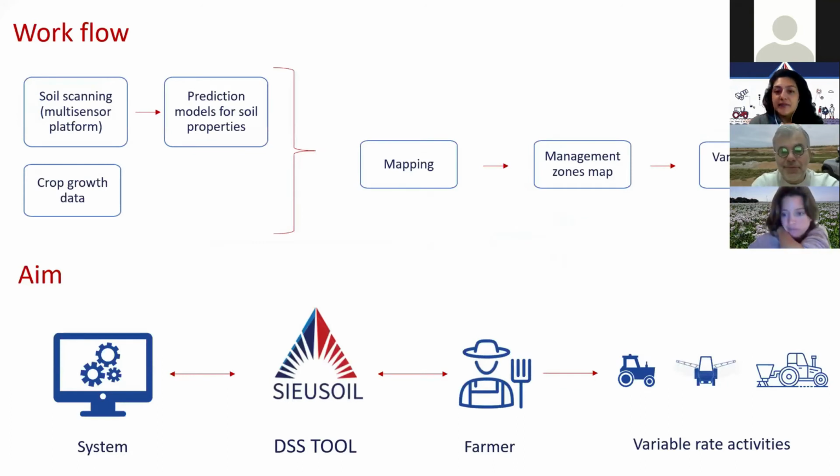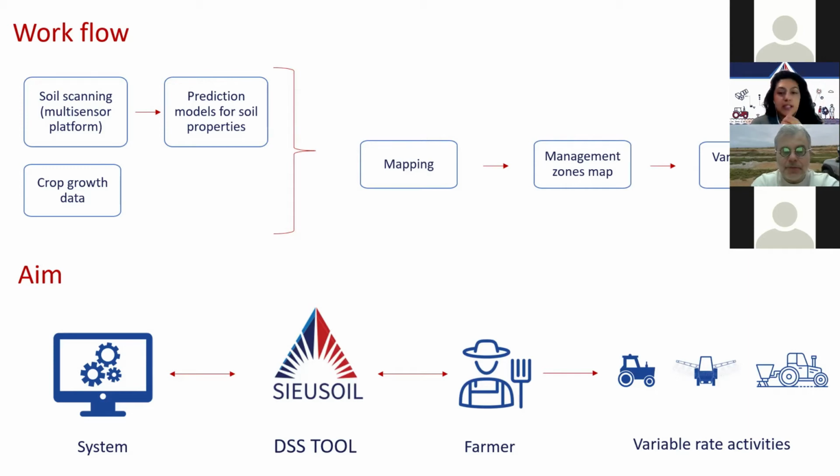So basically, in the slide, we have the workflow. This workflow of the service is divided into two main parts. On one hand, we have the whole soil scanning with the multi-sensor platform, which we are going to see in a while, and the development of the prediction models for soil properties, and also the crop growth data.